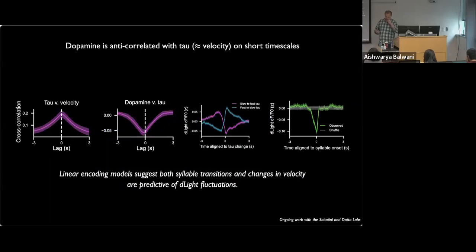This is still very early stages of this work, but already we're starting to see some pretty interesting relationships where, at least on very short time scales, this dopamine signal seems to be anti-correlated with this inferred vigor signal, which is somewhat contrary to what you might expect. If you look over long time scales, you see positive correlations between dopamine and vigor of movement. On short time scales, that seems to be inverted. And we can see that in particular when we look at transitions between speeds of movement.